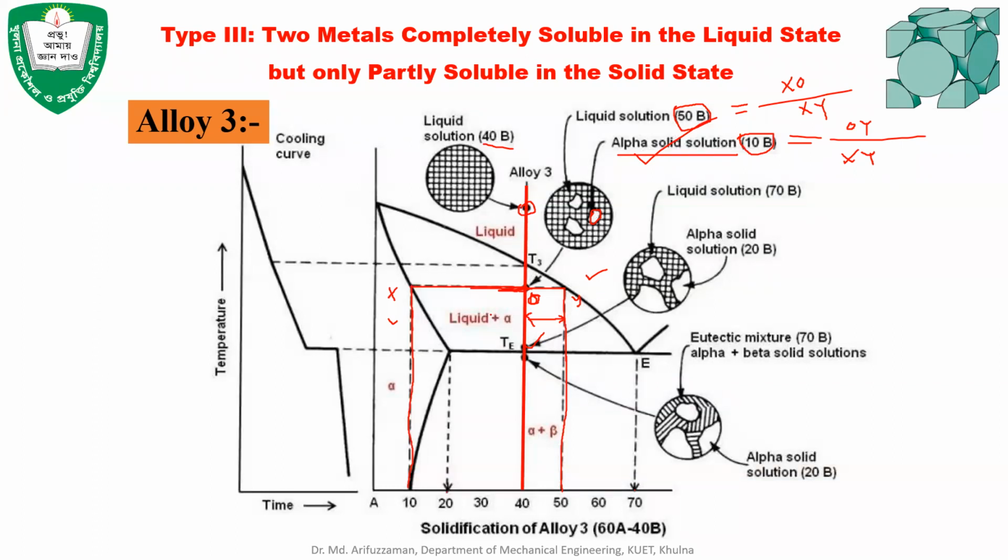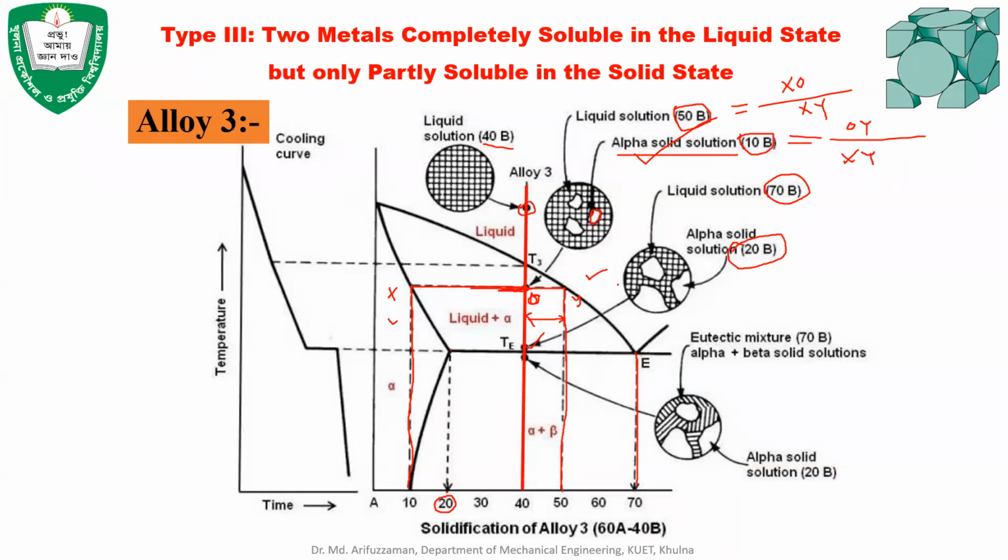If we read the composition at the eutectic temperature, the solid chemical composition will be 20% B, and the liquid will have the eutectic composition, that is 70% B. 70% B is the eutectic composition.